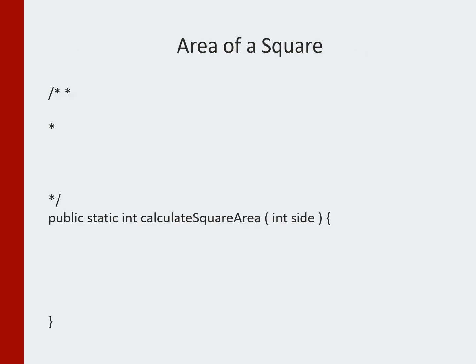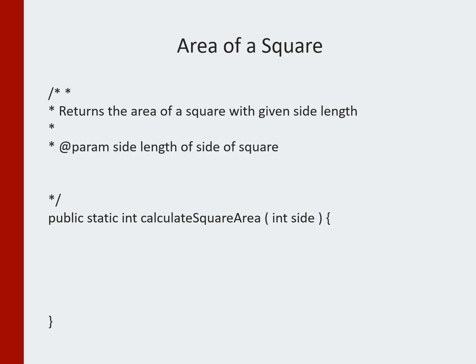Let's look at what that area of a square looks like if I write it in Java code. So let's think about how we would fill in our Javadocs. Well, area of a square is going to return the area of a square with a given side length. The parameter it's going to take in is side, which is the length of the side of a square.